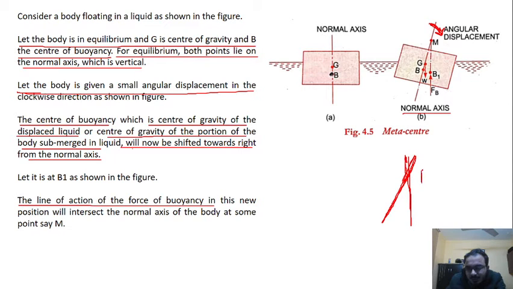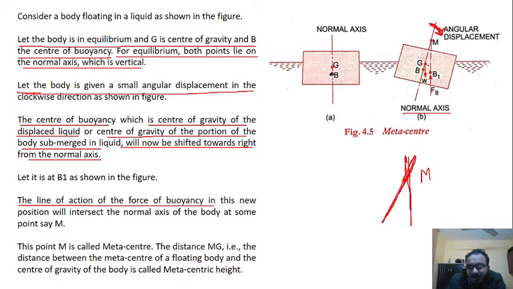So both will intersect at point M, and this point M is known as the metacenter. So this is the metacenter at point M.